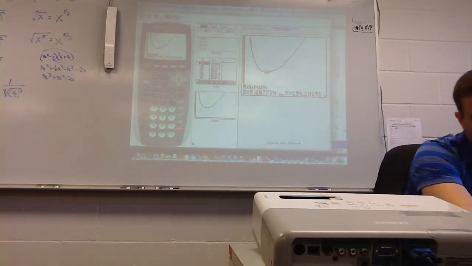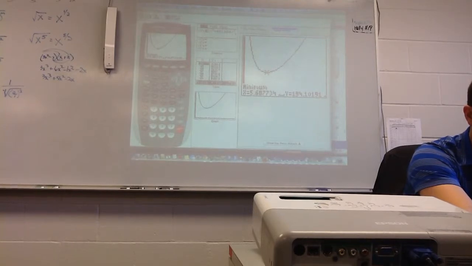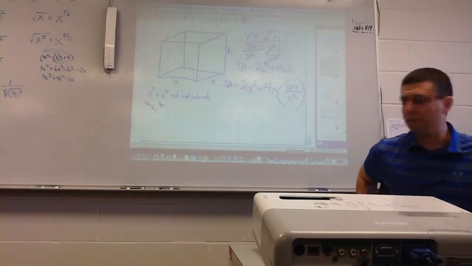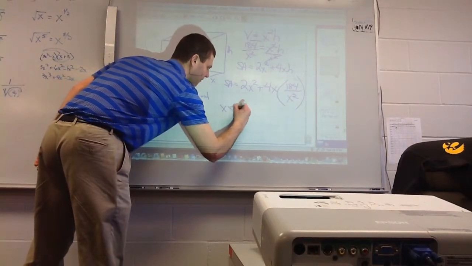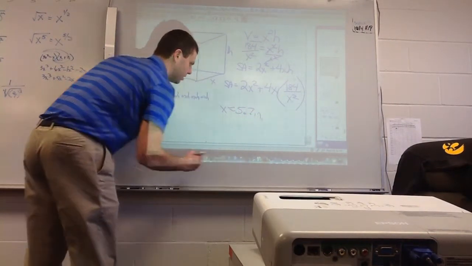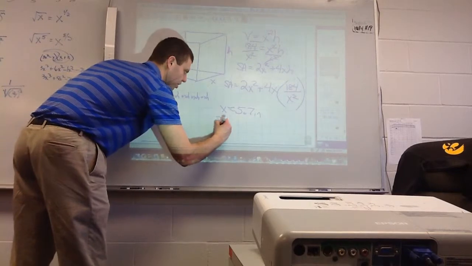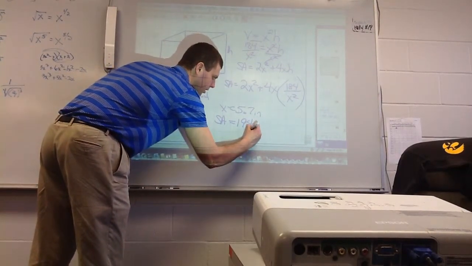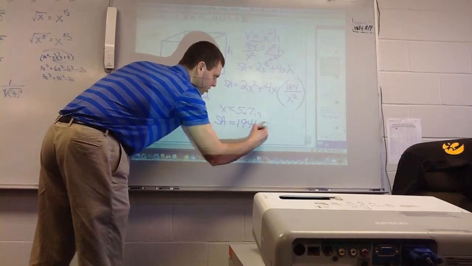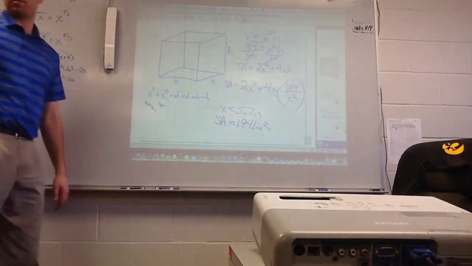The surface area, so there's our surface area. So therefore I know then that x has to be about 5.7 inches, and my surface area was about 194.1 inches squared.